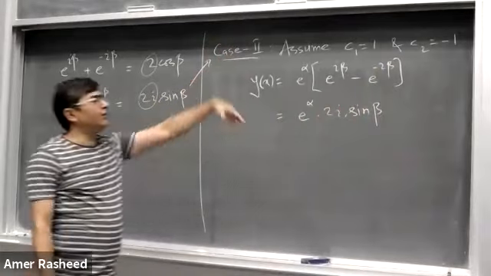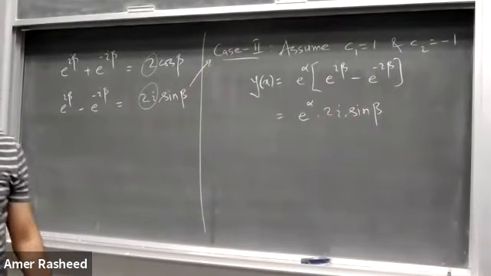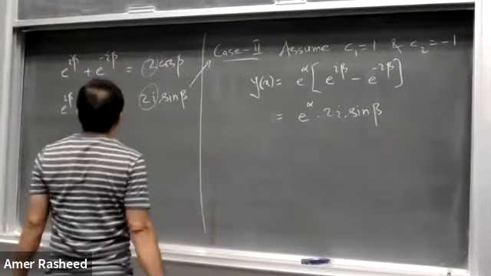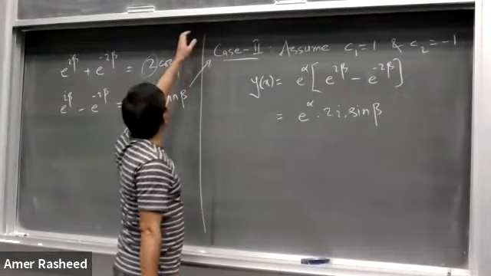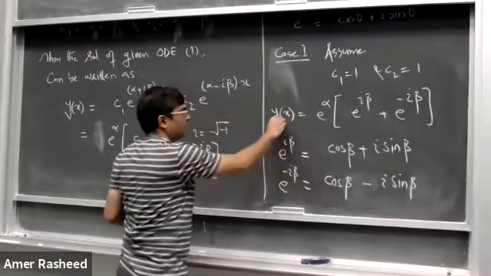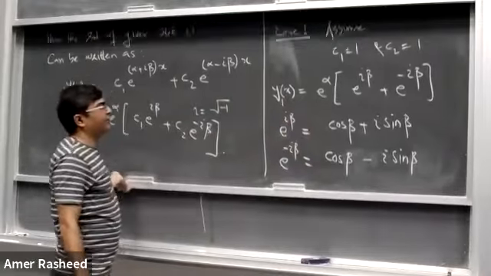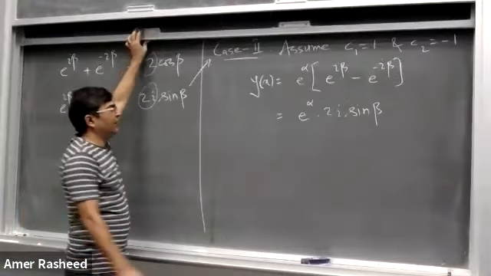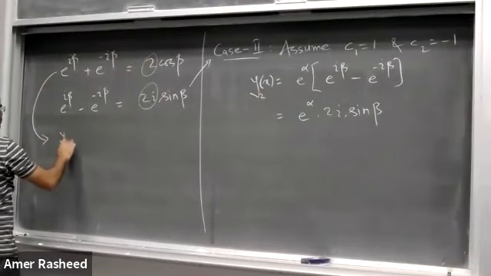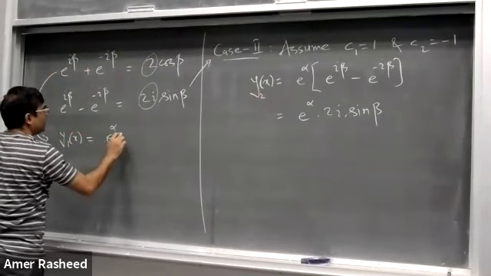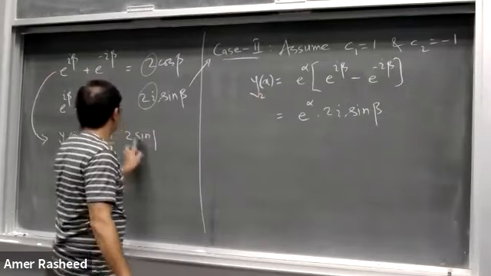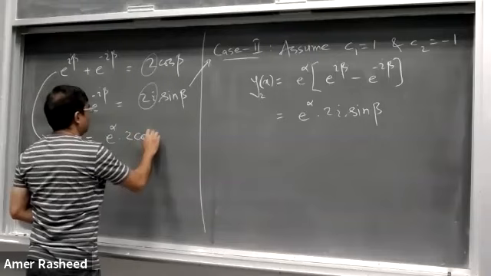So there are two linearly independent solutions because we have chosen different values of the arbitrary constants. We assume that this one is the first solution and this one is the second solution. The solution y1 becomes e raised power alpha into 2 cosine of beta.